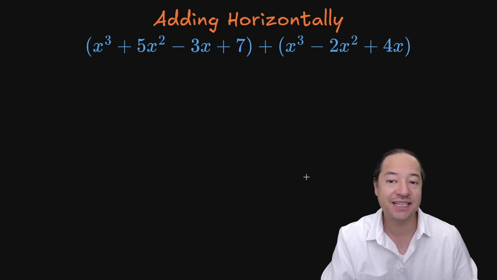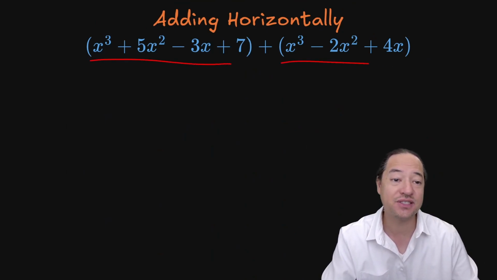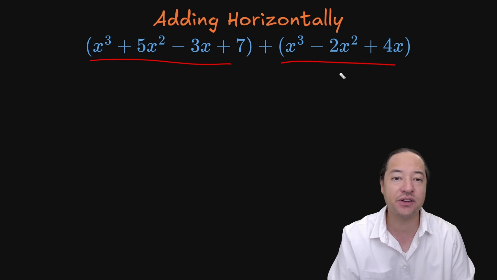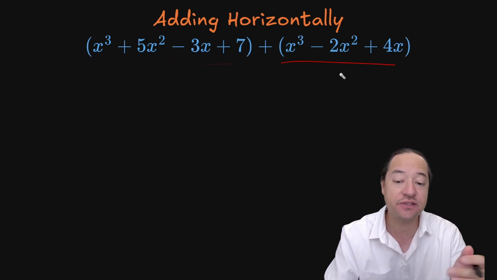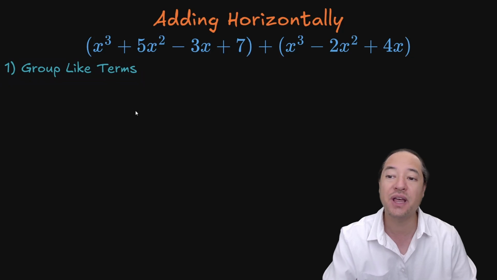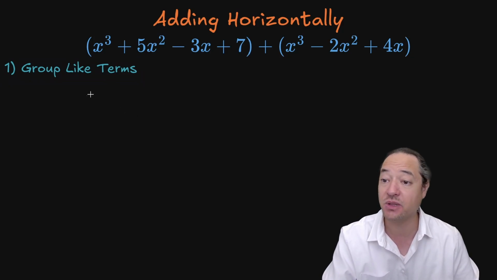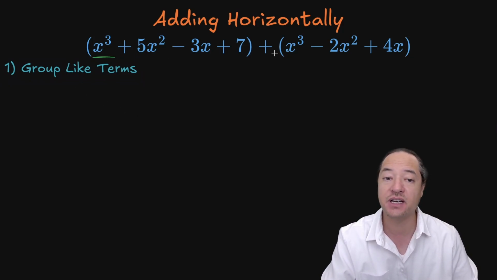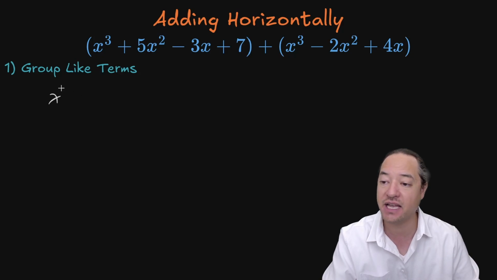What we've got here is two polynomials, and we want to add them together horizontally. Okay, so what's the first step in doing this? Well, the first step is going to be to group the like terms together. So let's do that. Notice we have an x cubed for both of these. Okay, so we're going to have some kind of x cubed plus x cubed.